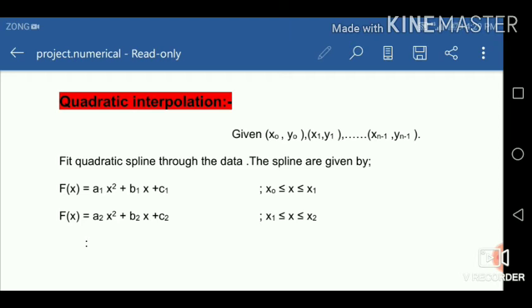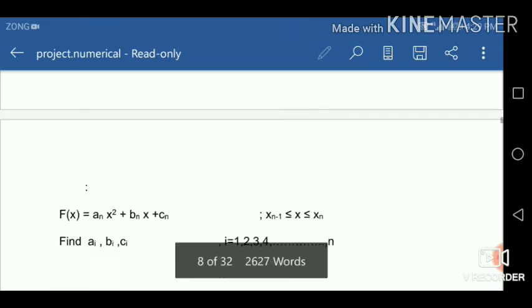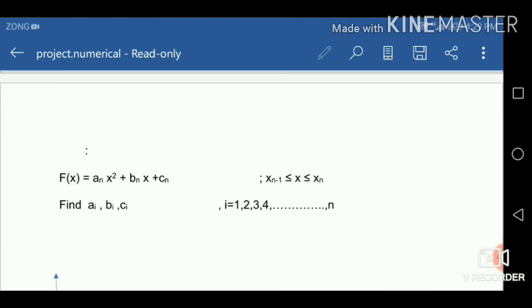The first spline f(x) is defined on the interval x0 to x1, and then the next spline is f(x) = a2 x² + b2 x + c2 on the interval x1 ≤ x ≤ x2, and continuing, the final spline is described as f(x) = an x² + bn x + cn on the interval xn−1 ≤ x ≤ xn.